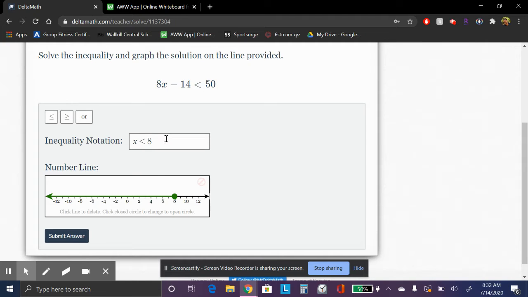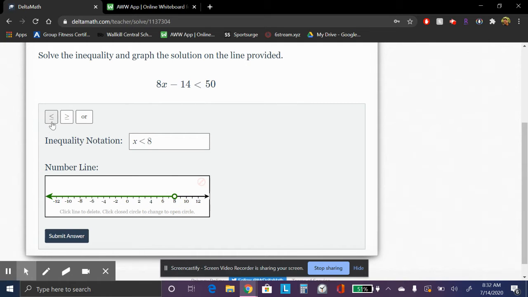If you put in 0, 8 times 0 minus 14 is going to be less than 50. If you put in 2, 8 times 2 minus 14, which is 2, that's also going to be less. All these answers are going to be part of your solution set. Now, I want to make this an open circle because it's not equal to 8.